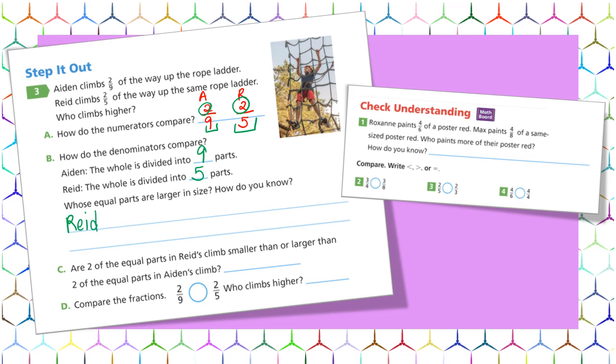Okay, and now finally look at C. Are 2 of the equal parts in Reed's climb smaller than or larger than 2 of the equal parts in Aiden's climb? Well, Reed's 2 parts are larger than Aiden's 2 parts.